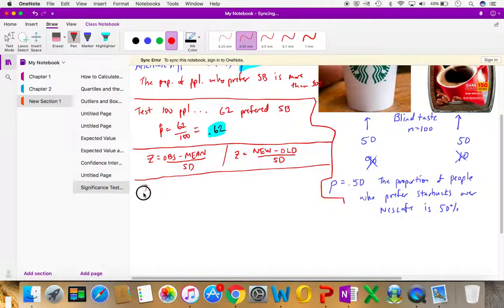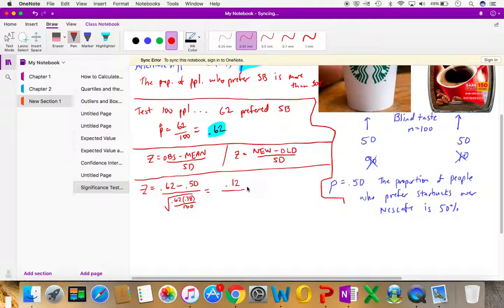So z is equal to 0.62 minus 0.50, and then divide it by the standard deviation, which is going to be the square root of, remember, for any proportion, for any probability, we can use this equation, 0.62 times 0.38 divided by 100. All right, so on the top we're going to have 0.12.